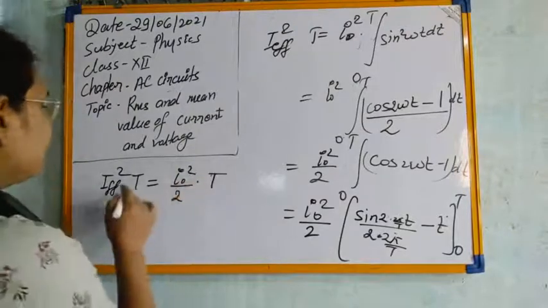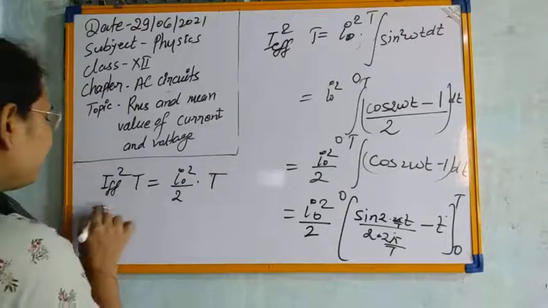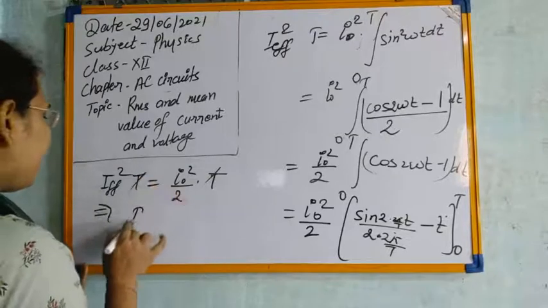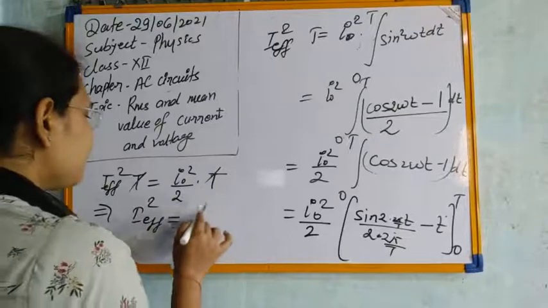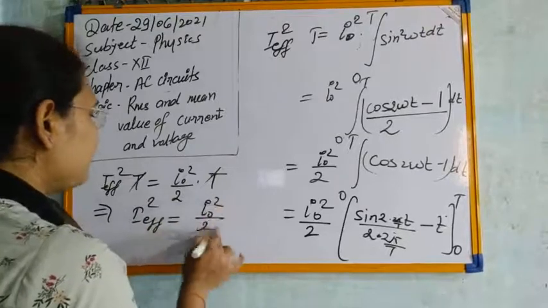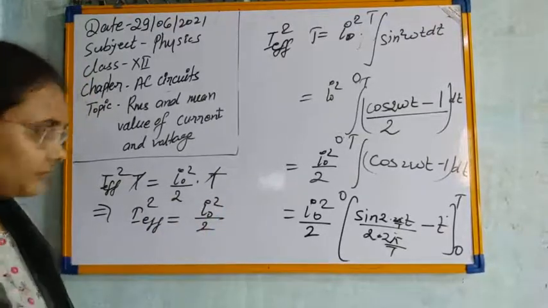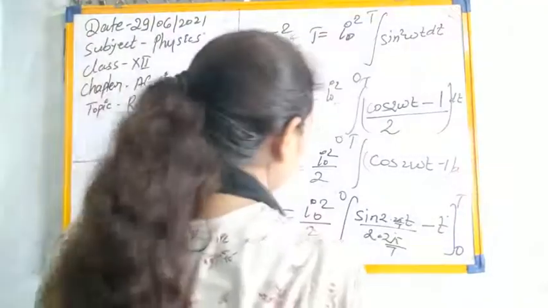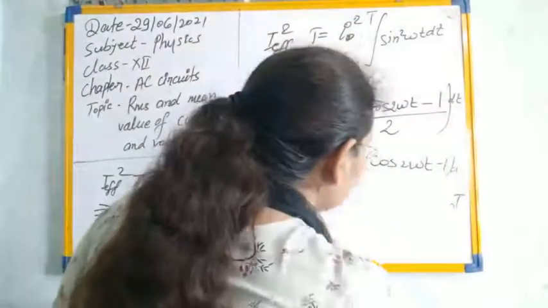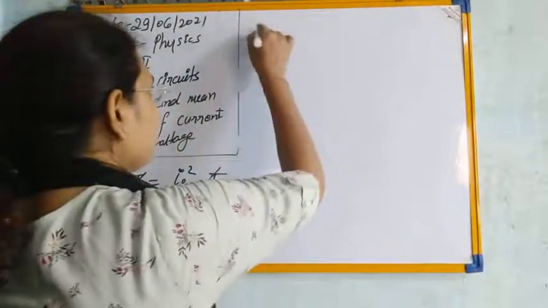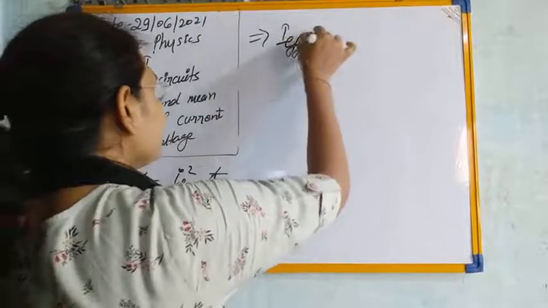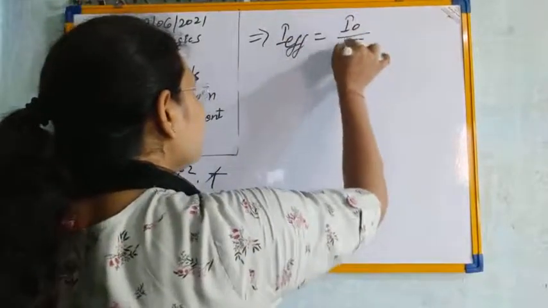So finally the T will be cancelled out from here. If T is cancelled out, then I effective square is equal to I0 square upon 2. Now if you write down I effective, this is equal to I0 upon root 2.